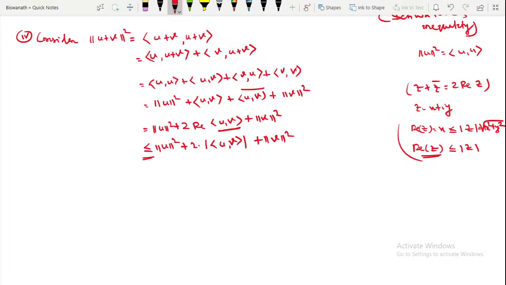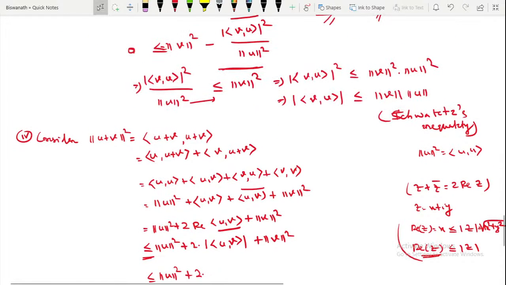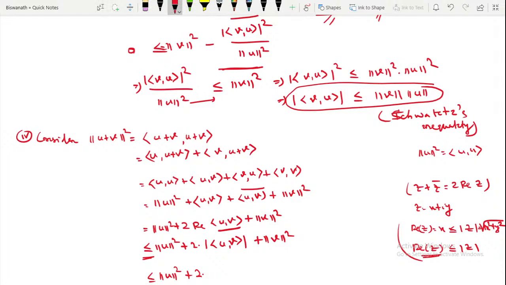And in the last inequality, the Schwarz inequality, mod of the inner product of u, v is less than or equal to norm u norm v.